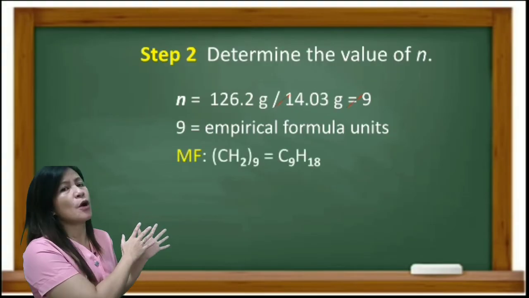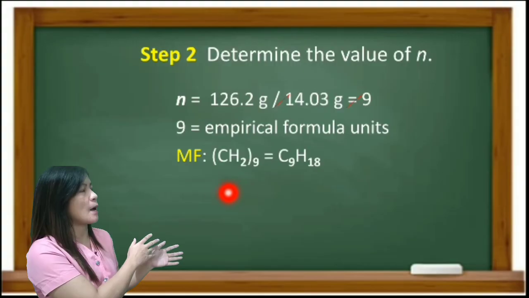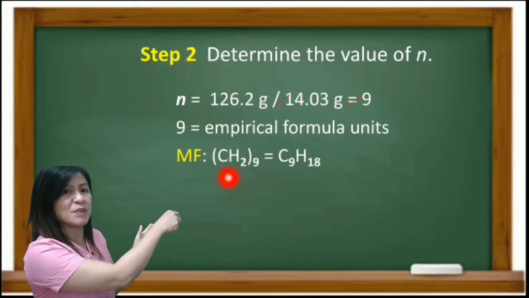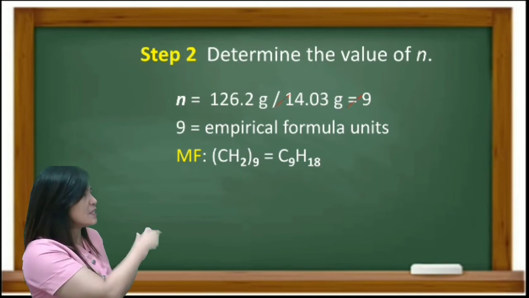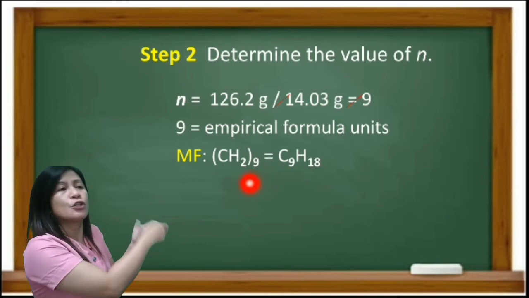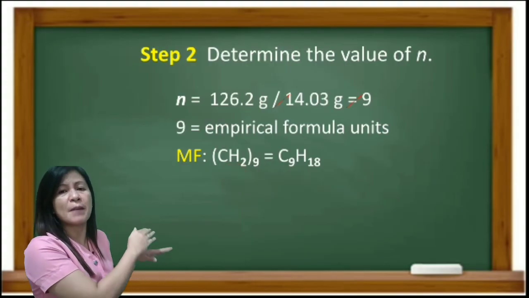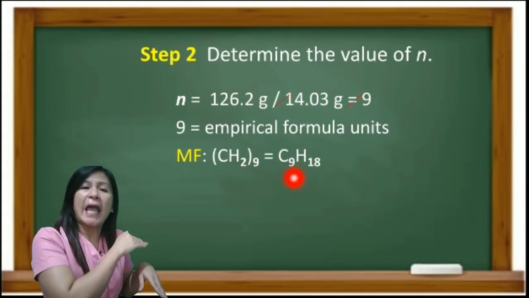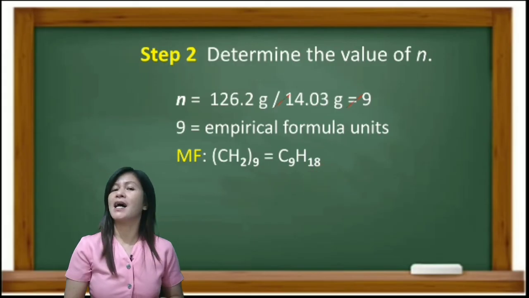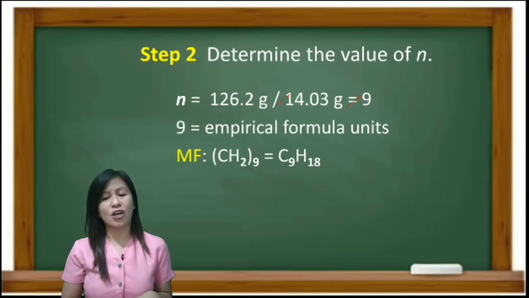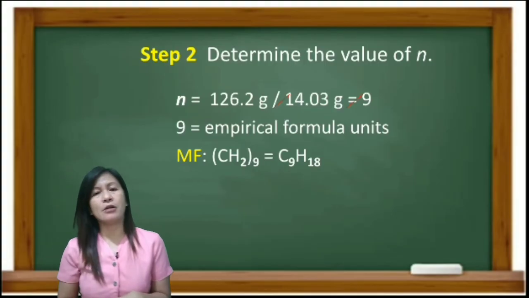From the empirical formula, (CH2)9, the value of n. And then distribute 9 to the subscripts. So the molecular formula for the compound will be C9H18. So that is a simple example for getting the molecular formula of a compound.